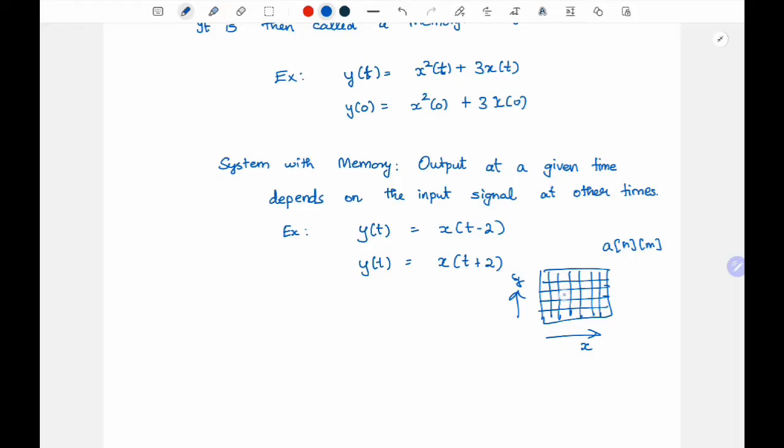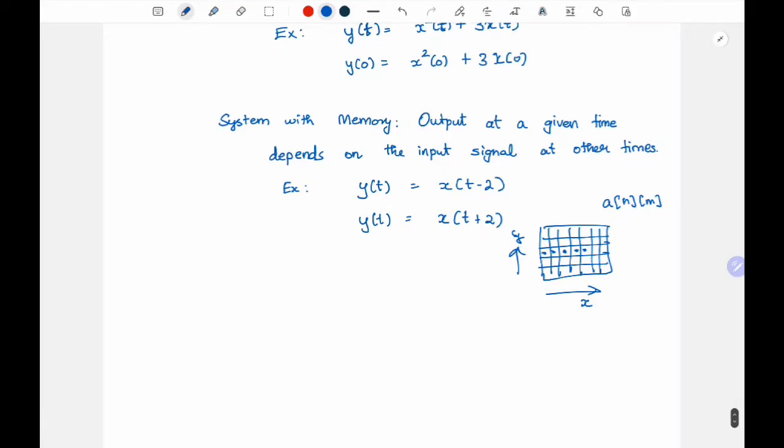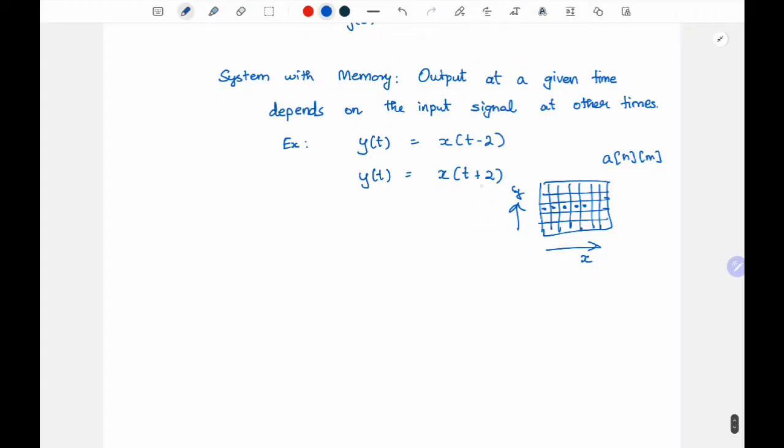So in this case, if you're at this point, you actually know what is there either after it or before it. So this t is, for convenience, we are saying it as time, but it needn't be just time in all cases. So t plus 2 is absolutely possible.